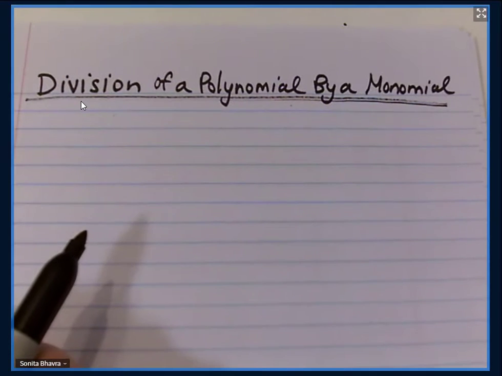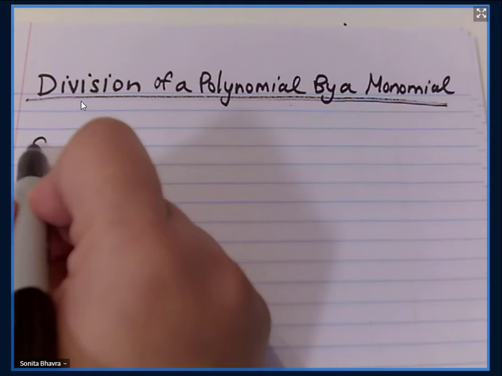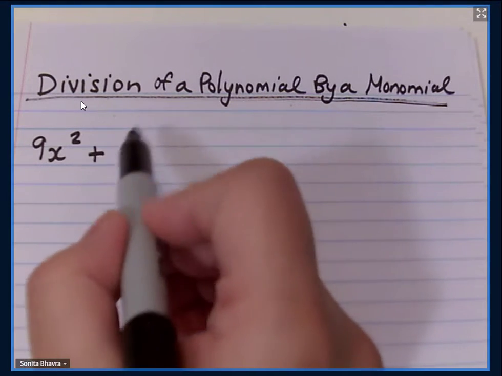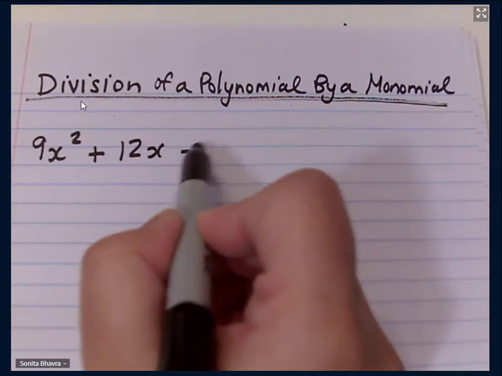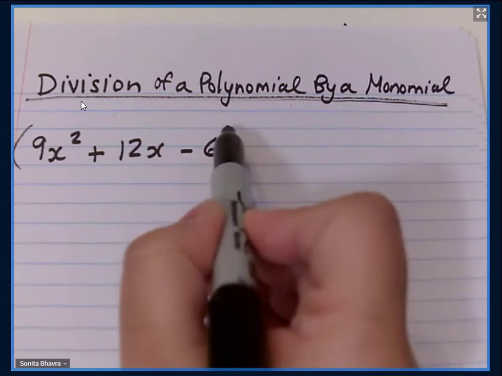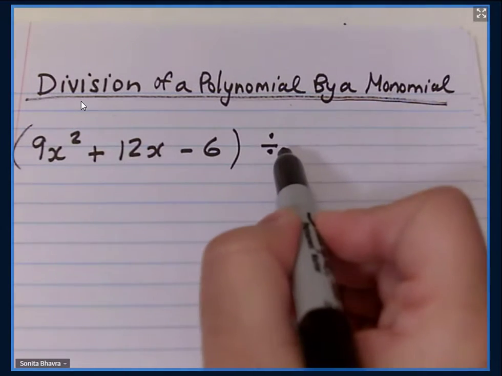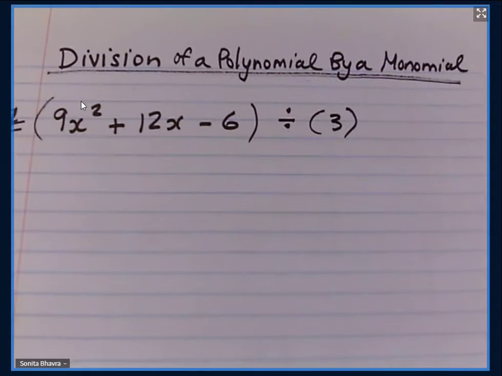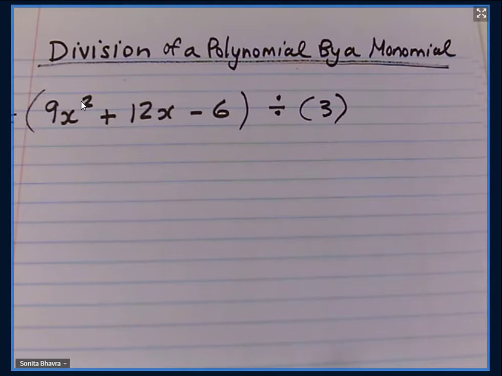And what we're looking at is 9x squared plus 12x minus 6, and it is being divided by 3. So it's usually written in this form.